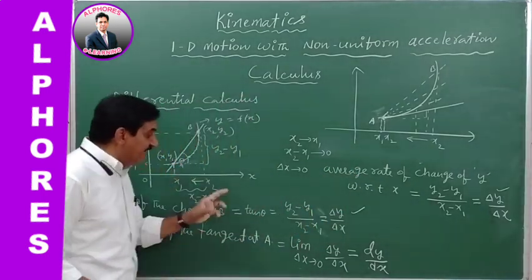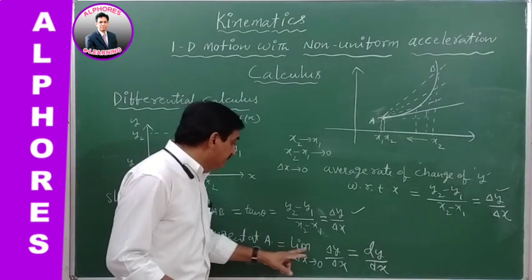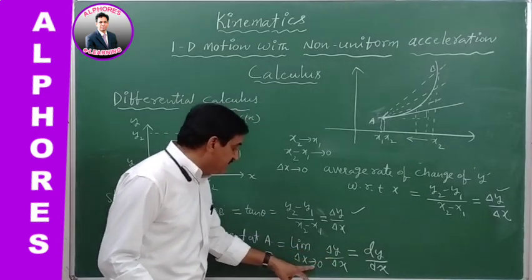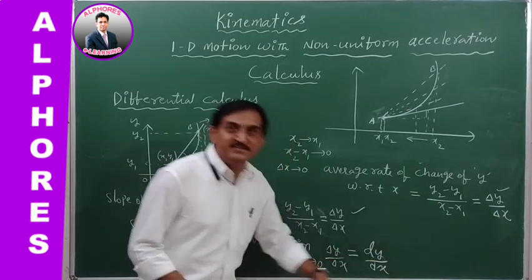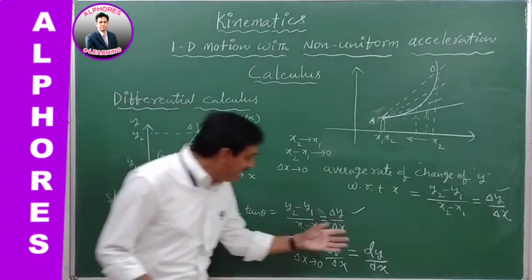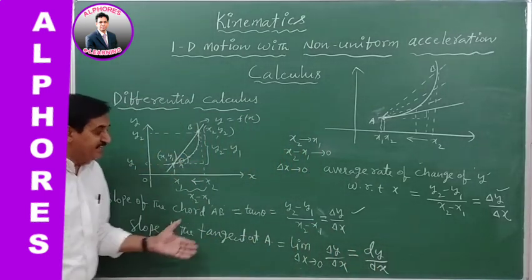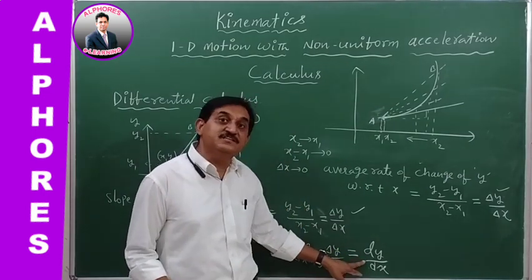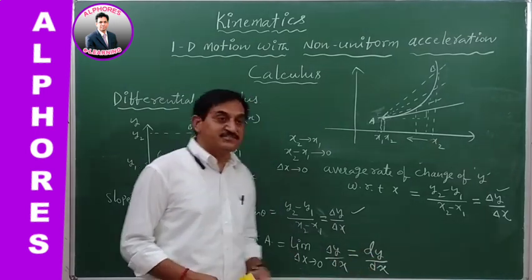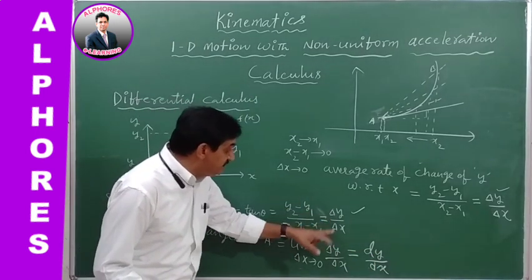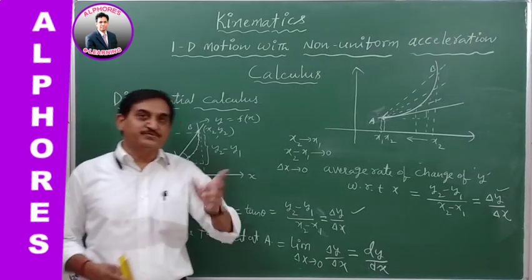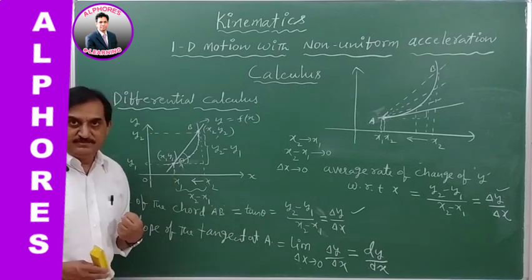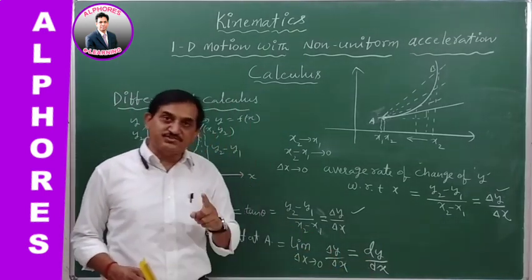When we take delta x tends to 0, that is, when the limit is applied over the average value, then you get dy by dx. dy by dx is the slope of the tangent, which gives the instantaneous rate of change of y with respect to x, whereas here it is the average rate of change. That makes a big difference. Now, what is the need to take the differentiation? The differentiation gives the instantaneous rate.